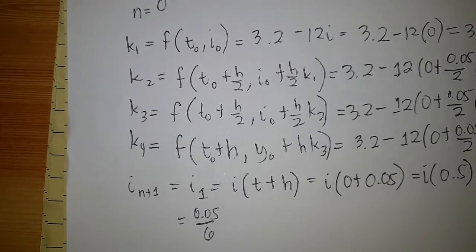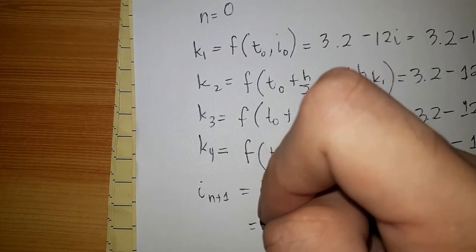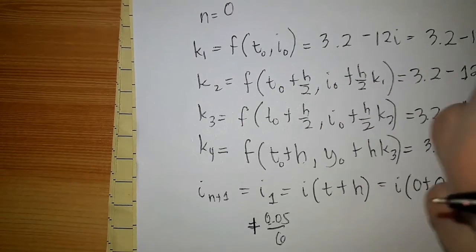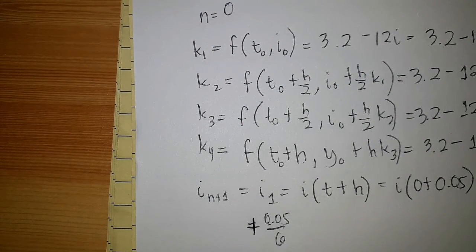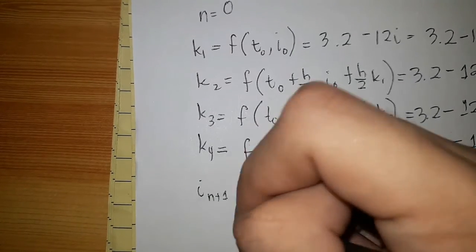I'm sorry. So before this, we are going to add the initial value of I sub 0, which is equal to 0.